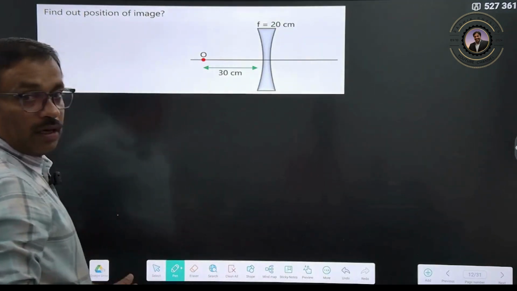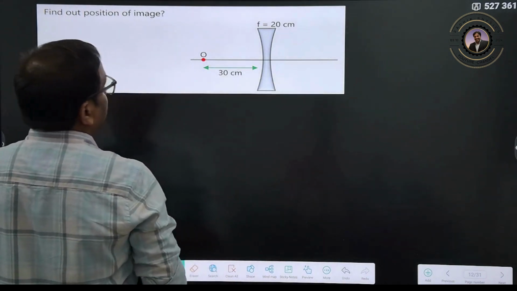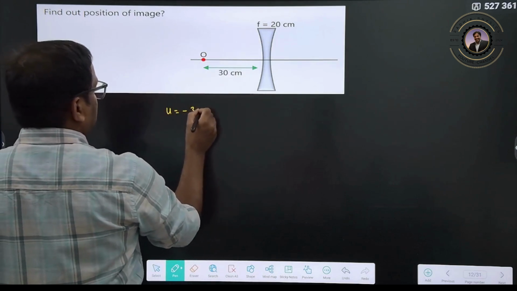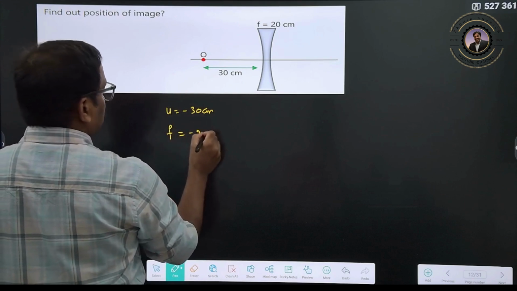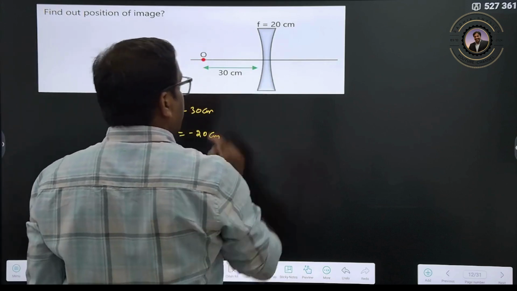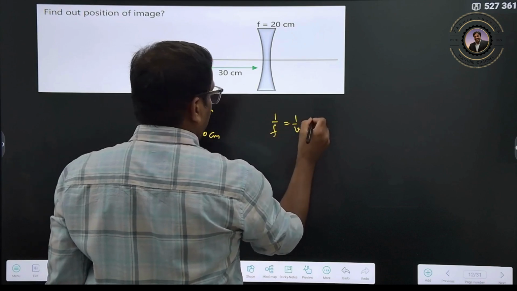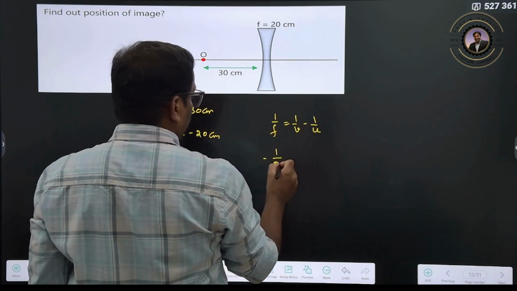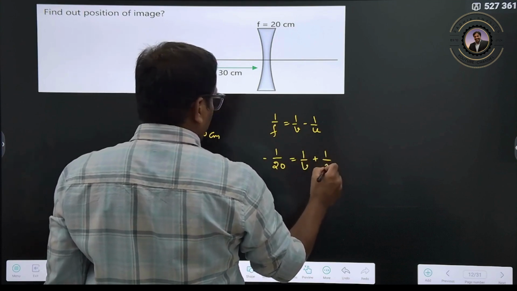Let us see this question. Here the object distance is minus 30 centimeter. The focal length will be equal to minus 20 centimeter, because it is a concave lens. So 1 by f is equal to 1 by v minus 1 by u. So 1 by minus 20 is equal to 1 by v minus 1 by minus 30, that is plus 1 by 30.